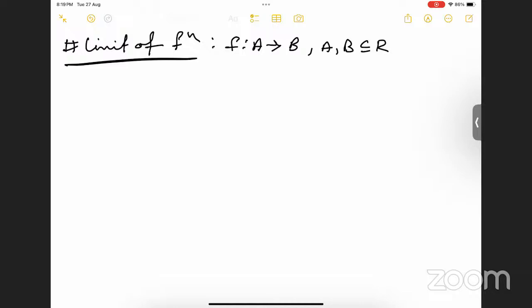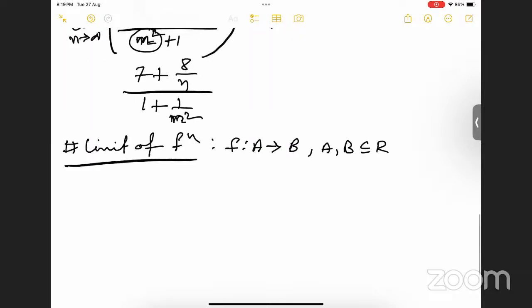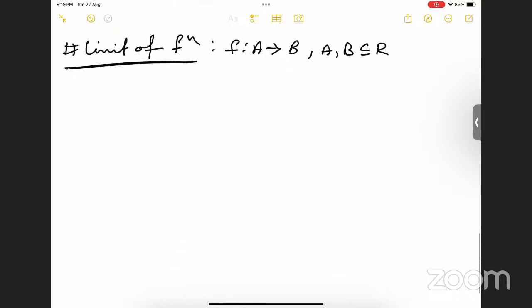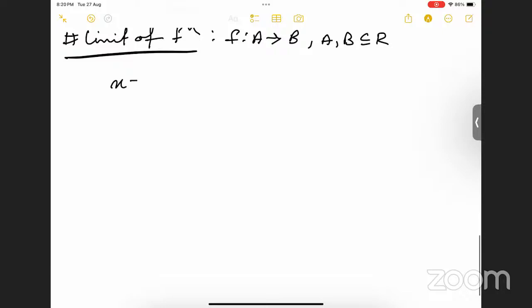If we put the input, then the function value goes to some limit. This is called the limit of a function. Right. So when we're talking about limit of a sequence, we're not bothered about at which point we want to determine the limit, because for a sequence it was fixed. n was always going to infinity. But here we have another extra term, which is x equals a.